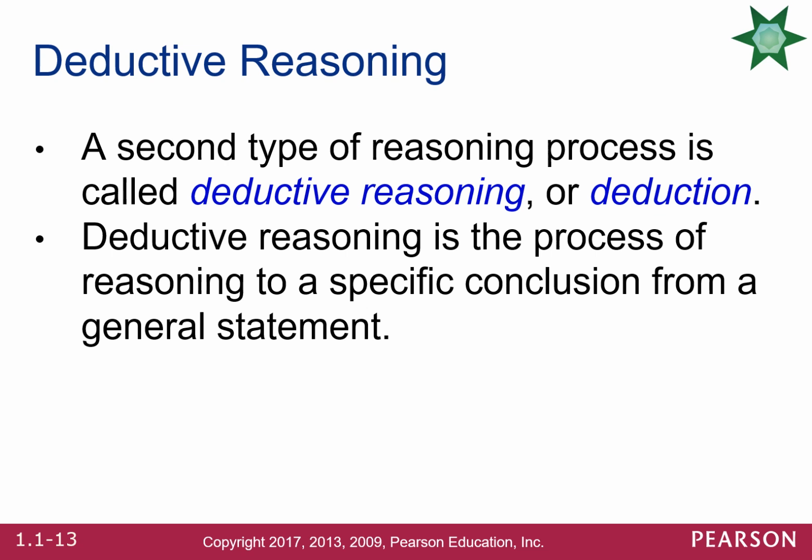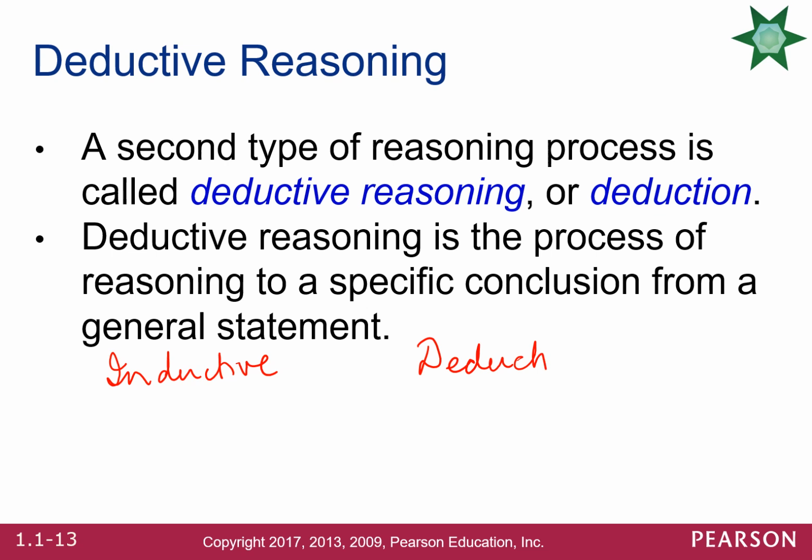So deductive reasoning is the process of reasoning to a specific conclusion from a general statement. All right, so now we know about two types of reasoning. One is called inductive reasoning, and then we have deductive reasoning.